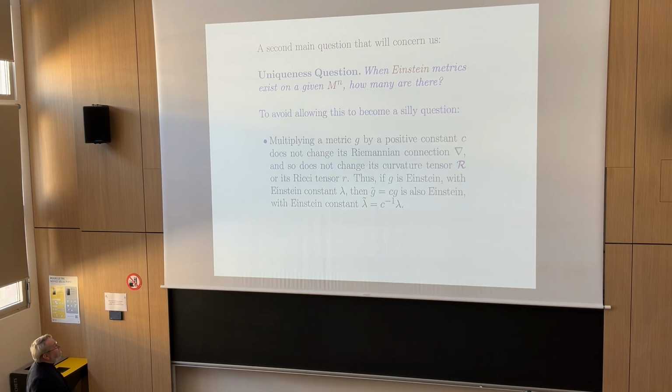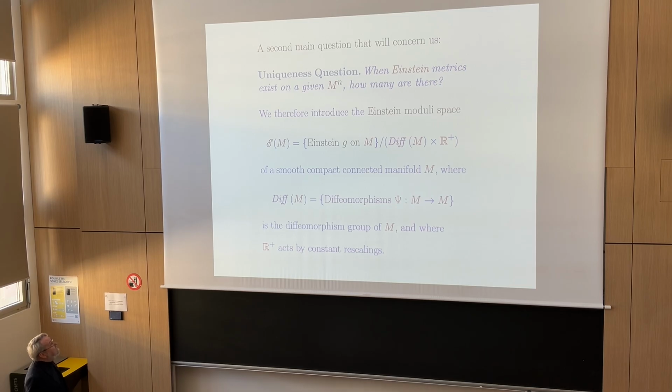Here I should have broken this next slide up. In order to make the best approximation of a uniqueness question that's at all interesting, one really should not consider particular Einstein metrics, but rather equivalence classes of Einstein metrics under these operations: pulling back metrics by diffeomorphisms, and multiplying Einstein metrics by positive constants.